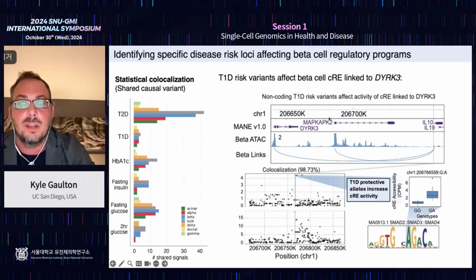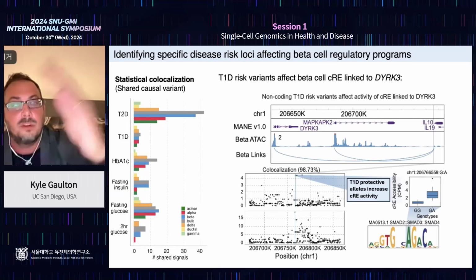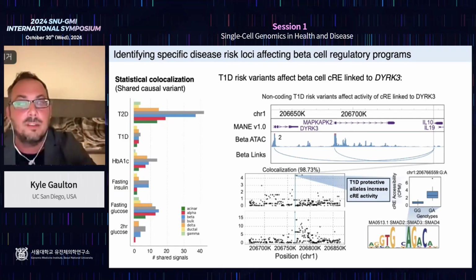Here's one example of a locus where variants affect the activity of a site in beta cells that's predicted to regulate this gene, DYRK3. The same variants are associated with type 1 diabetes. The protective alleles for type 1 diabetes increase the activity of the site. And so that suggests that decreased activity increases type 1 diabetes risk.